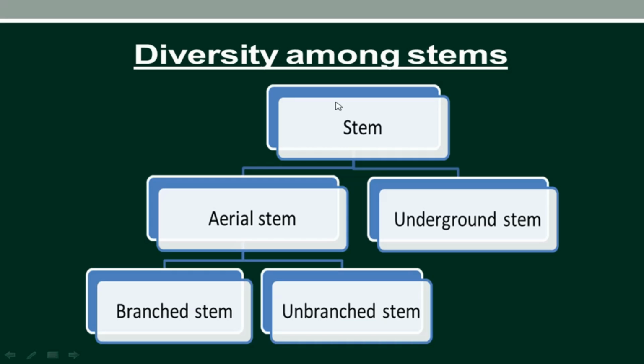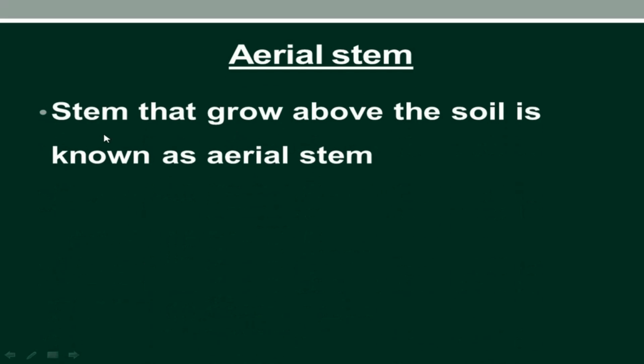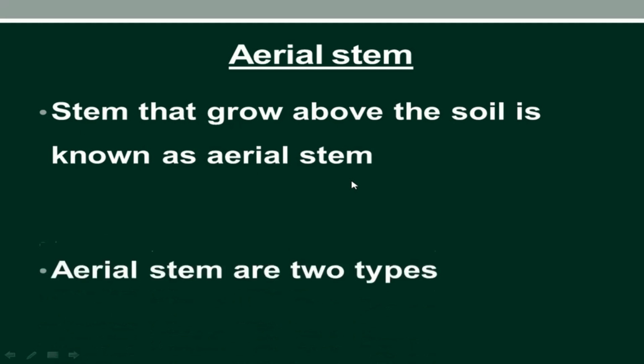After that, the aerial stem was also divided into two groups: branch stem and unbranched stem. Aerial stem means stem that grows above the soil.